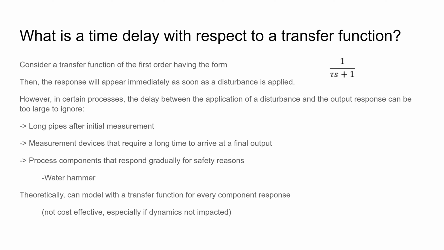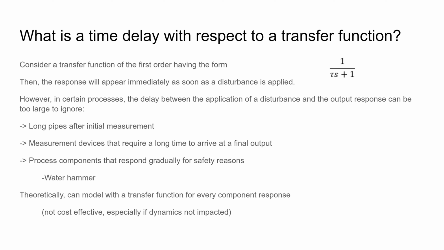With a long pipe after the measurement of the output, if you've got a concentration change, then you measure concentration, but the difference in concentration has to travel down, say, 10 feet of pipe. So that's going to take some amount of time.